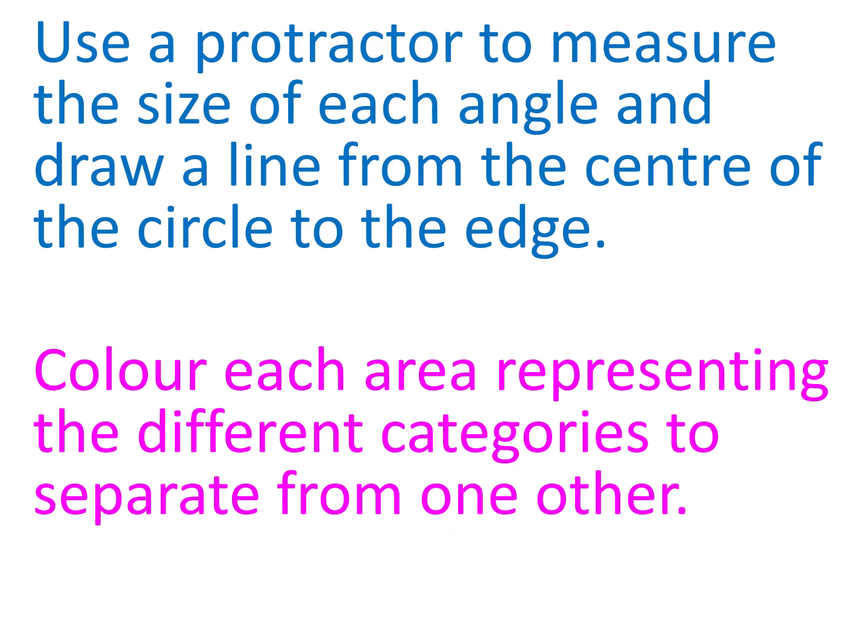Okay, so you use your protractor to measure the size of each angle, and you draw the line from the center of the circle to the edge. Color each area representing the different categories to separate them from one another. If you don't have color, you can use numbers, you can use letters, whatever you need, shapes, hearts, whatever, but colors tend to work a little bit better.